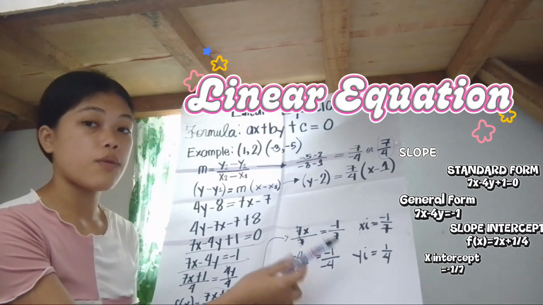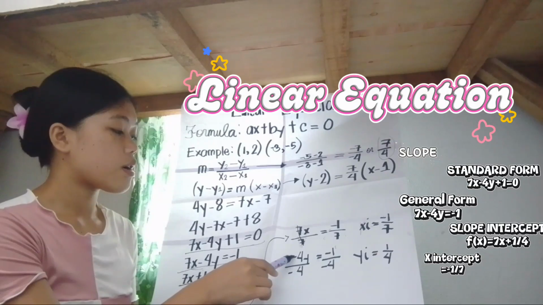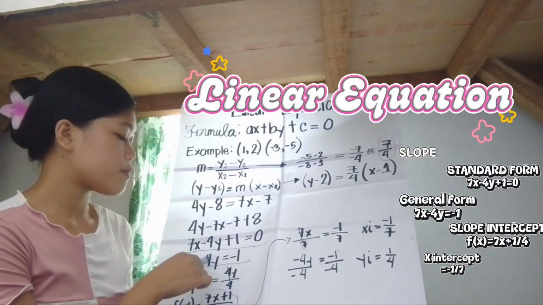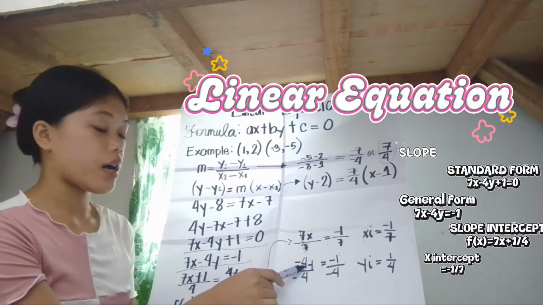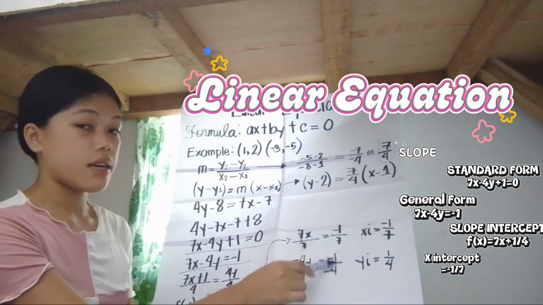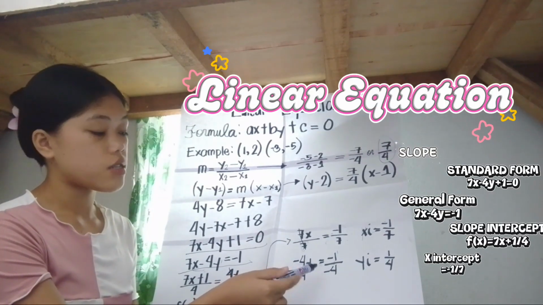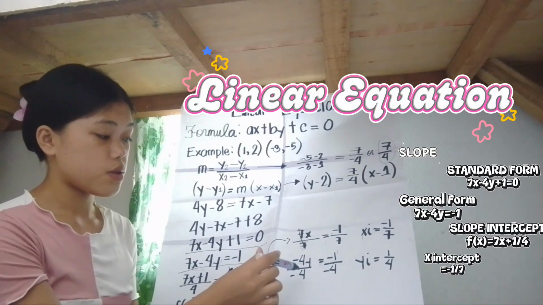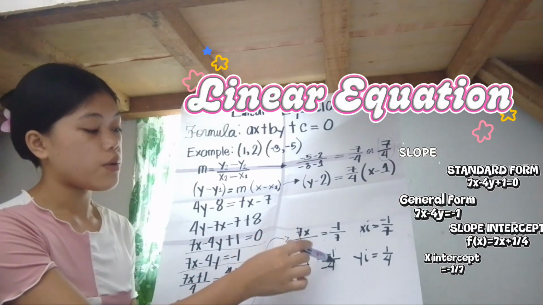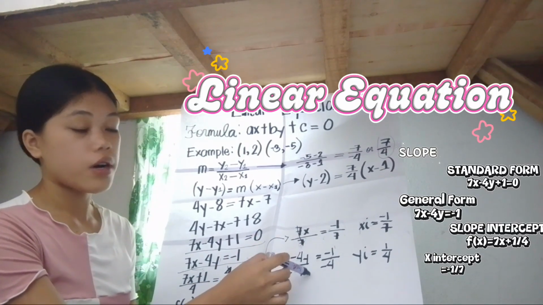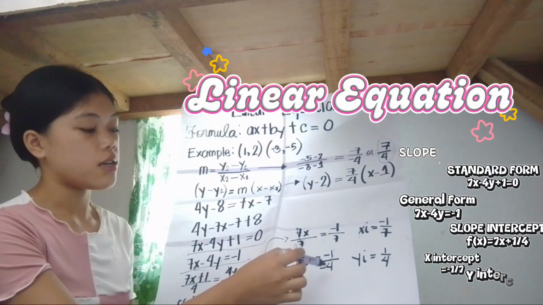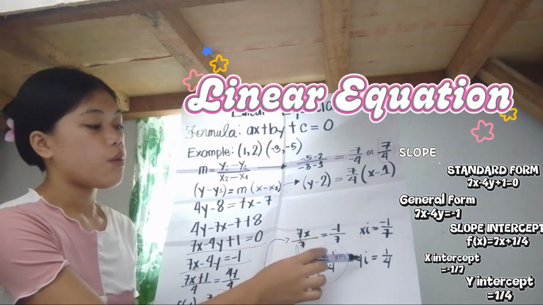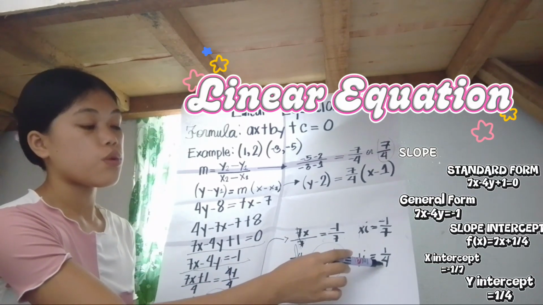Now let's move on to the y-intercept. We have here negative 4y is equal to negative 1. To get the y-intercept, we need to cancel out the y variable, so we divide both sides by negative 4. So the y-intercept is equal to 1/4.